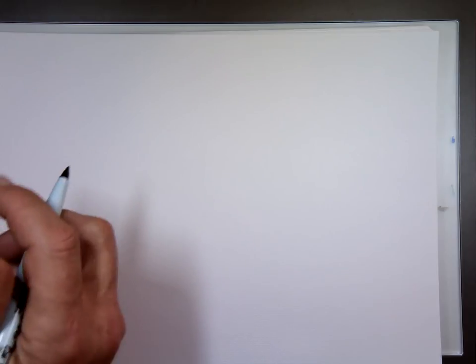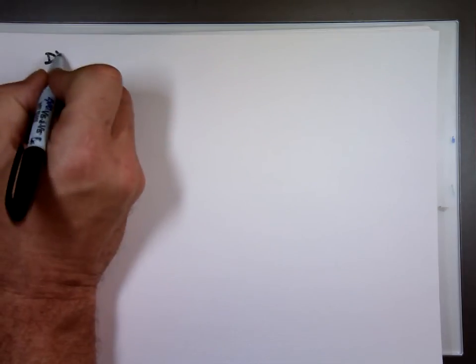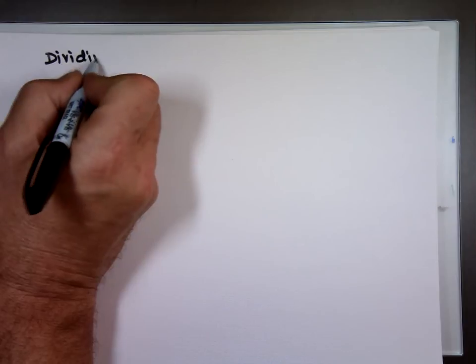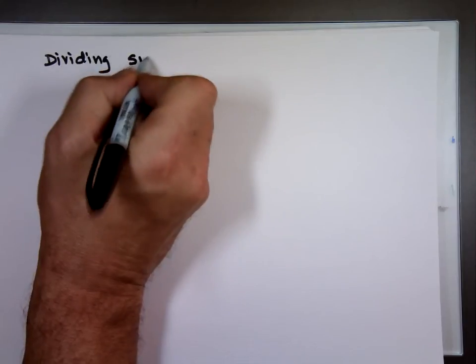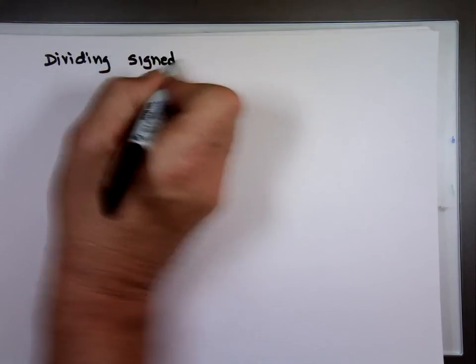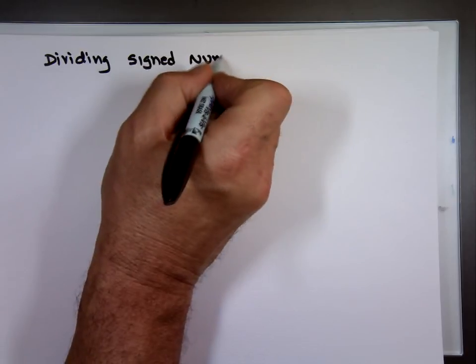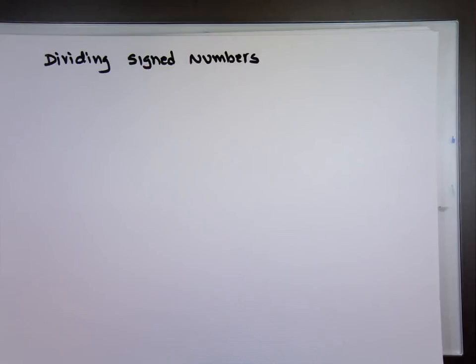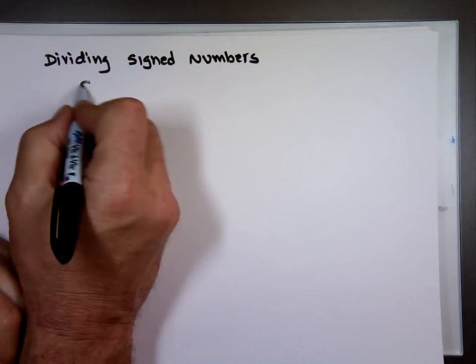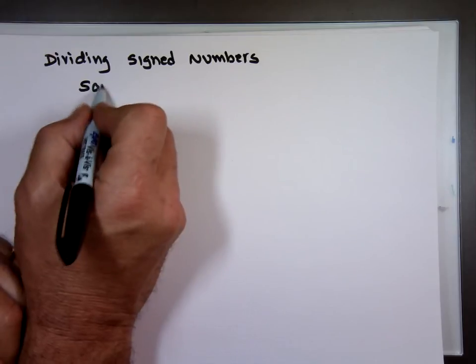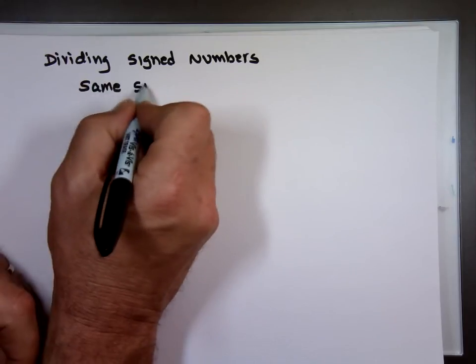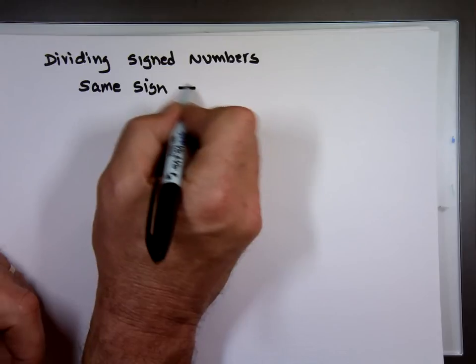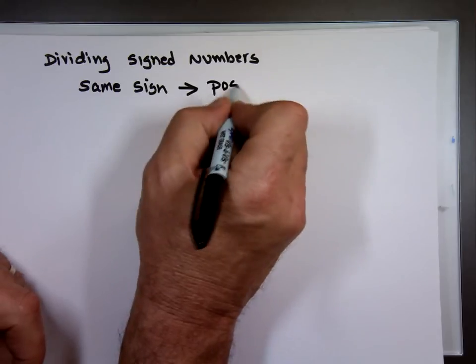So dividing here, signed numbers, same rule. Same sign. We're talking about 2 at a time. The result is what? Positive.